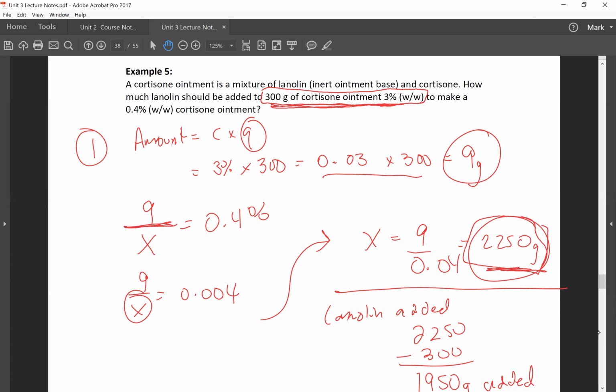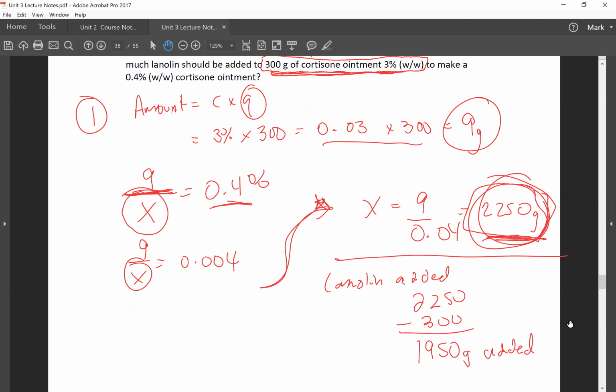Now, what I wanted to do was figure out the amount of dilution here to make a 0.4% solution. So that 9 grams of cortisone was being divided by the amount of new solution over 0.4%, which obviously I changed to a decimal. So I figured out over here that I would need 2,250 grams total of new solution to create a 0.4% ointment.